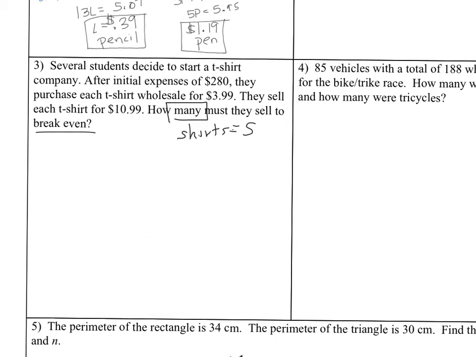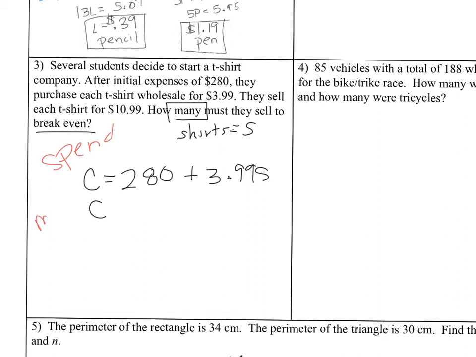So if we're breaking even, we're going to have a cost to make the shirt, which is $280, that's a startup fee, plus $3.99 per shirt. And then we're going to have the money that we make. So this is what we spend, this is what we make.